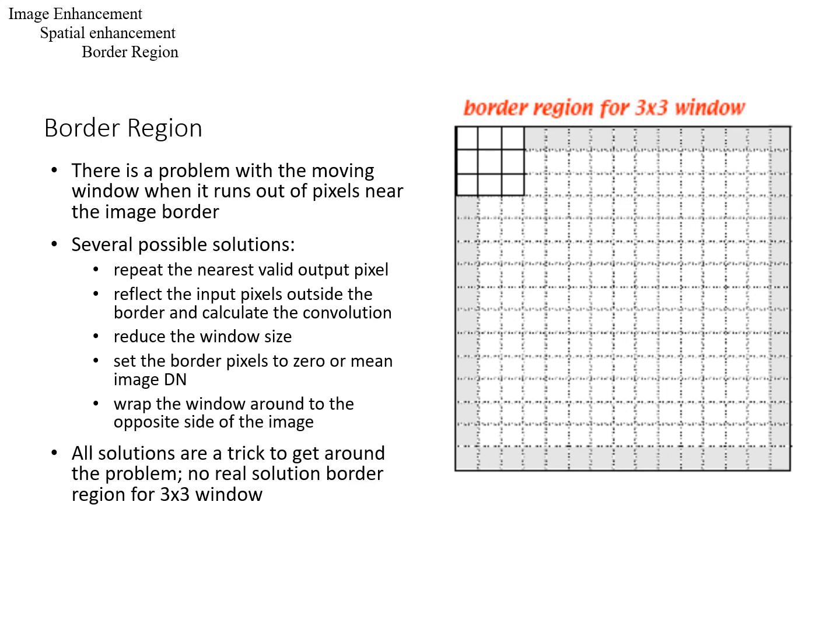Essentially go on the other side of the edge row and pick up those values. You can reduce the window size at the edges, so only do, say, a 2x2 there. You can just not calculate values for the border region and set those values to 0 or mean.